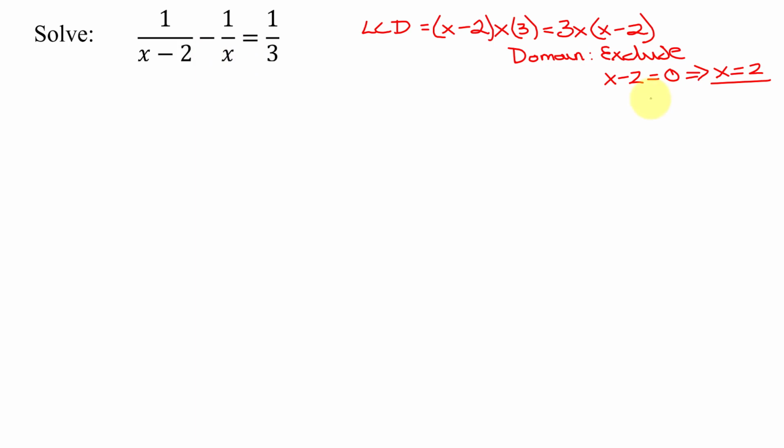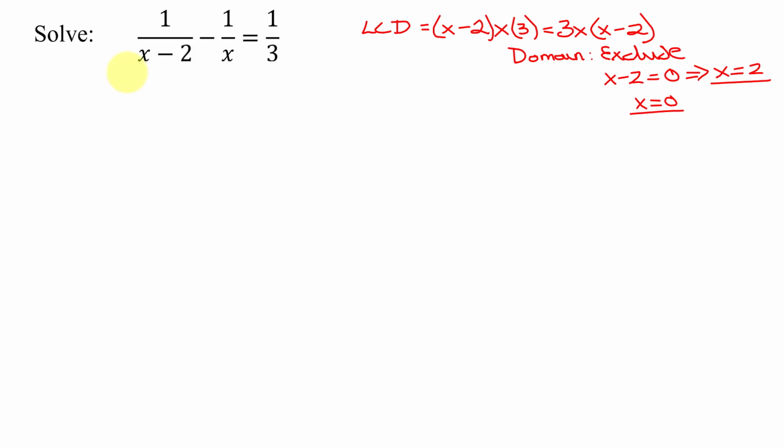Set your second denominator equal to 0. X equals 0, you're also going to have to exclude that. Third denominator, 3 can never equal 0, so these are the two values you're going to exclude from your domain. So when you get your answer, you will check to see if they are allowed values.